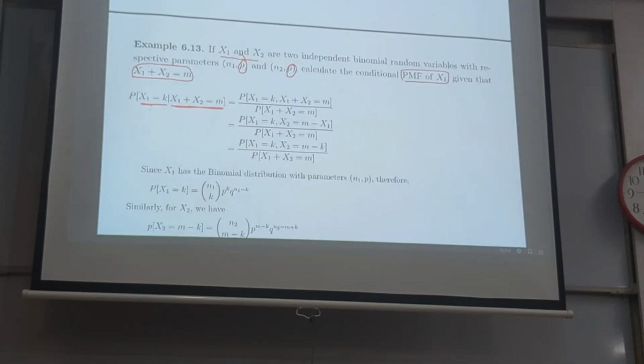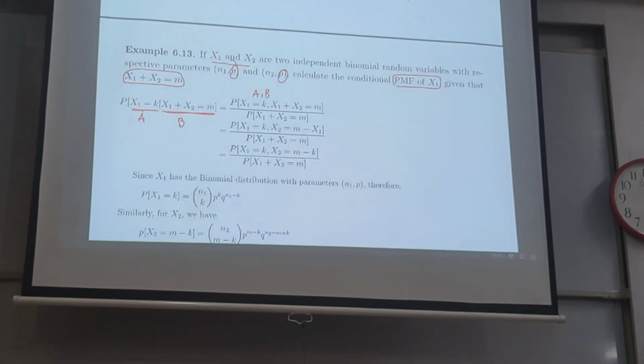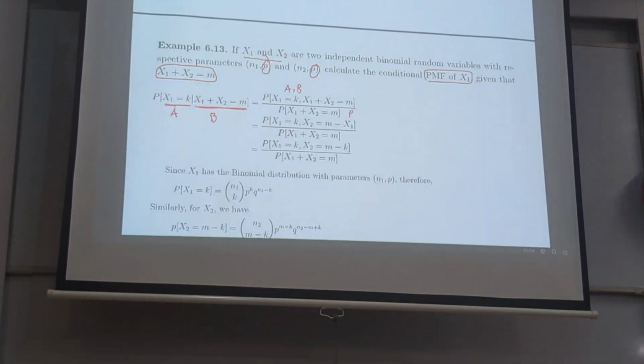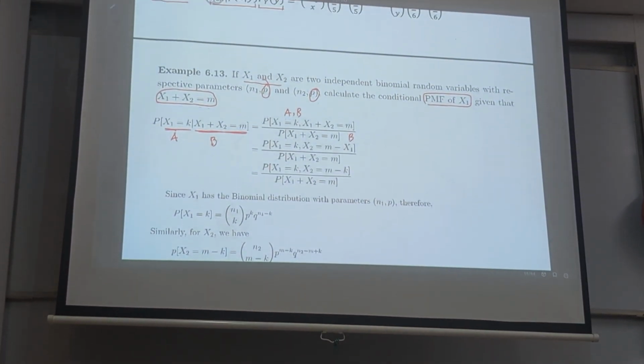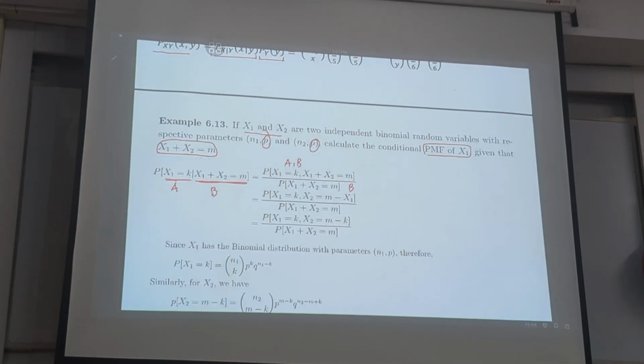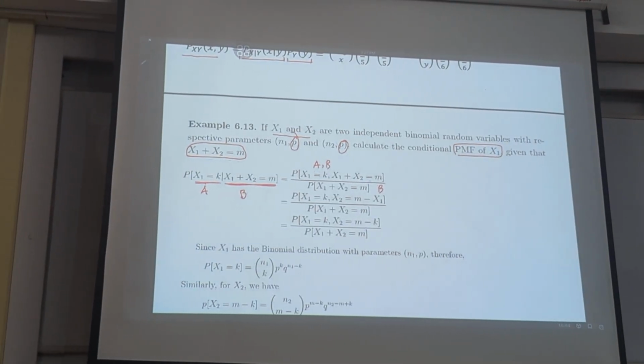If we assume that this one is A and this one is B, then we can write the probability of A given B is equal to the joint probability of A and B divided by the probability of B. That's what is written. A is X1 equal to k and B is X1 plus X2 equal to m.